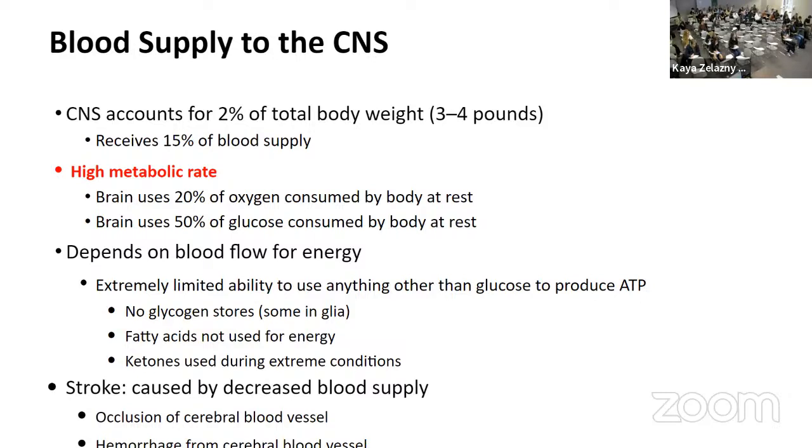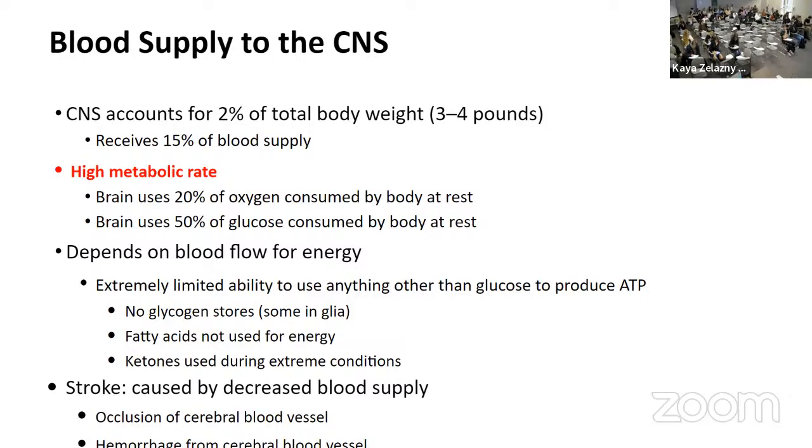So your central nervous system is about 3 to 4 pounds, so about 2% of your body weight, but it takes a really disproportionate amount of your blood supply. So it's getting 15% of your blood supply, even though it's only 2% of your body. Right? This is because your brain really needs a lot of energy to function.